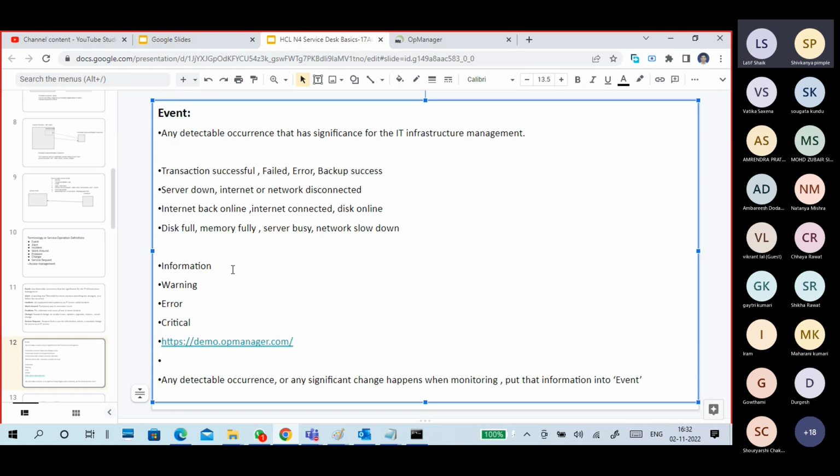Hard disk is down: error. Server is up and running: information. Good. Server is slow, server load is increased, 80% or 90% utilization: warning. Server is down: error.